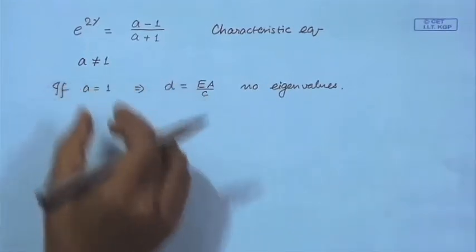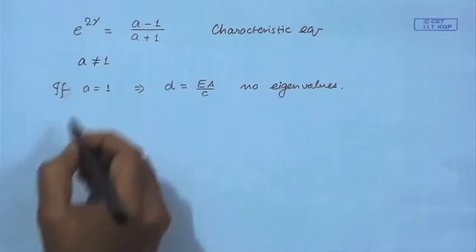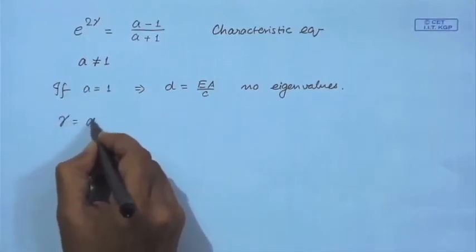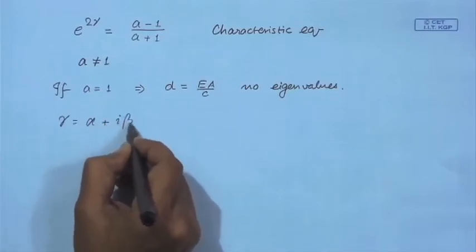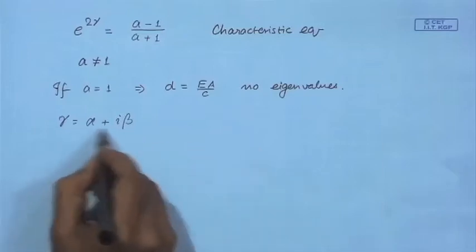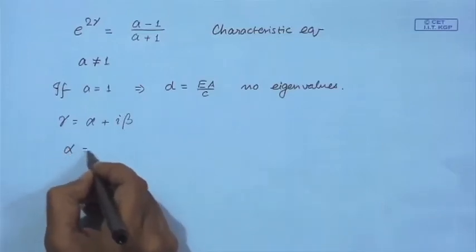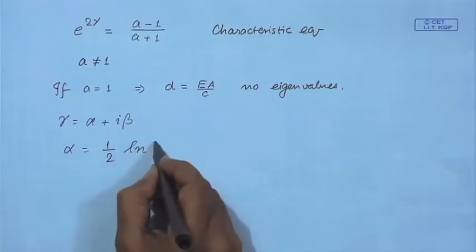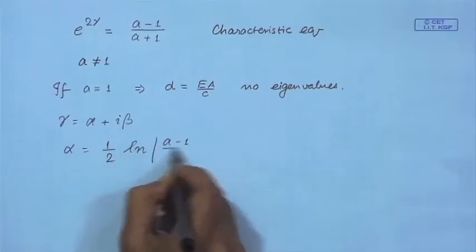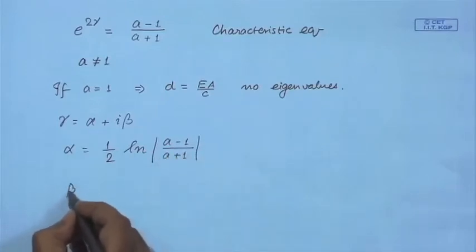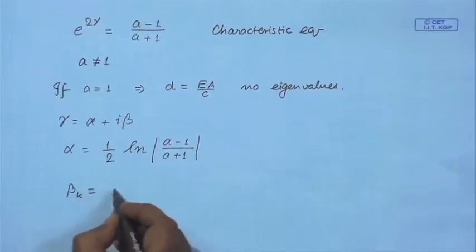Right now, let us solve when A is not equal to 1, and for solving that we can consider gamma to be a complex number of this form, alpha plus I beta. So, alpha can be easily solved as log natural of this, and beta is indexed now, with the phase.